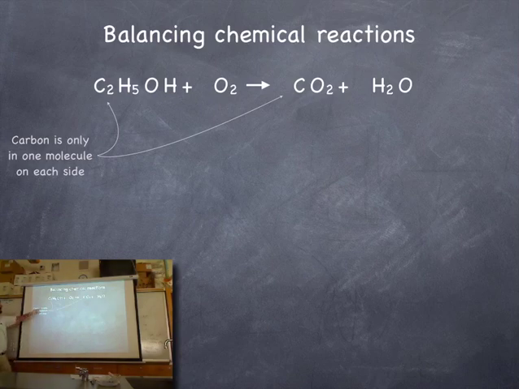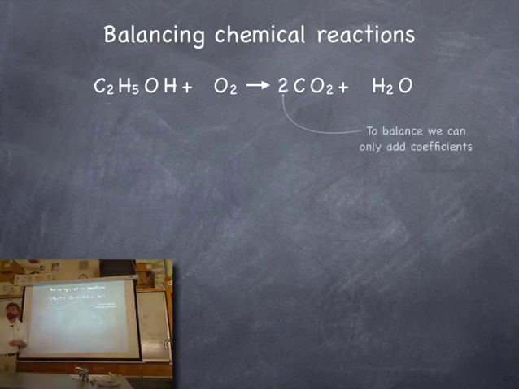Oxygens occur in every single molecule, so it's going to be really hard to figure out how many there are. Carbon, on the other hand, only exists in the ethanol and the carbon dioxide. So if I have 2 carbons here, what do I have to put in front of the carbon dioxide to indicate that I have 2 carbons? I have to put the 2.